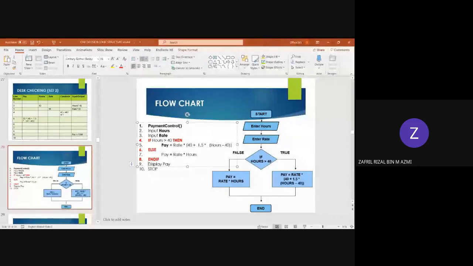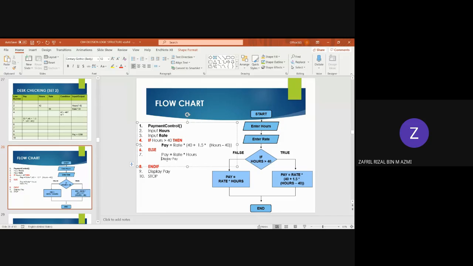Kalau dia dalam ni lain lah. If it is inside over here, for example, display pay, kan. This one we already discussed yesterday, kan. If it is over here, for example, if there's a display pay over here, then you can put display pay in which part, false or true?